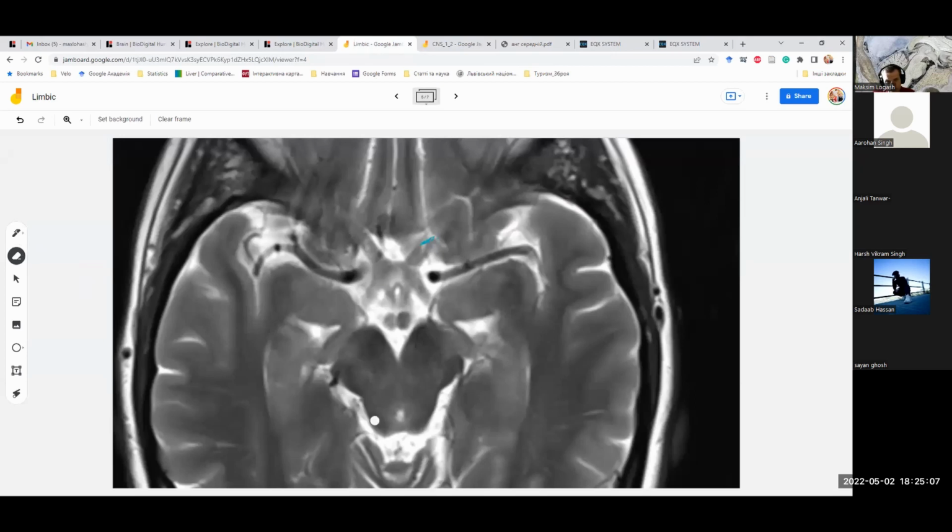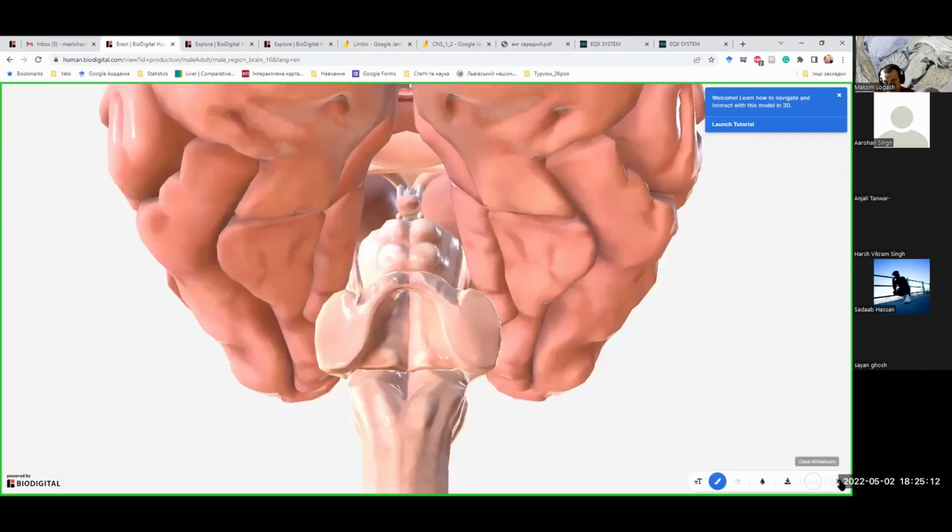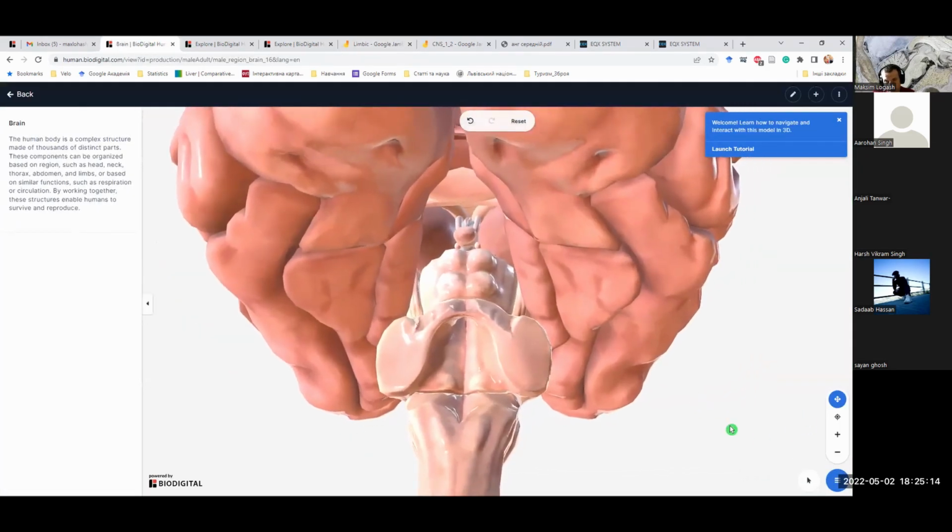How you have to deal with the midbrain on the model. On the 3D model, I told you, first of all, you have to recognize whether it is the dorsal or ventral surface or a side view.